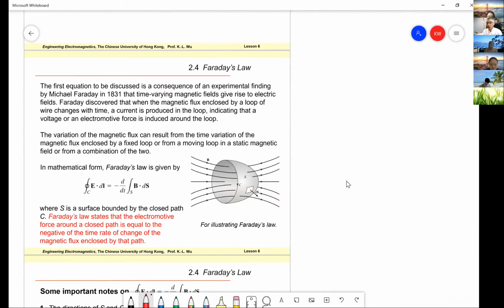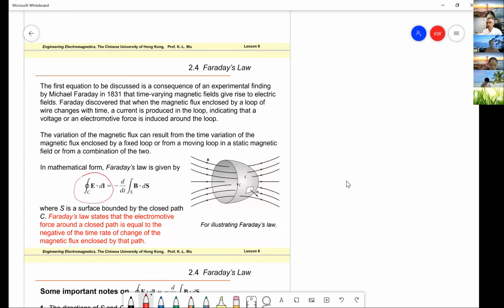Okay, let's first take a look at Faraday's law, right? This is an experimentally discovered phenomenon, and the mathematical expression is only used to describe what the experimental discoveries show. What Faraday's law tells us is we have this quantity.